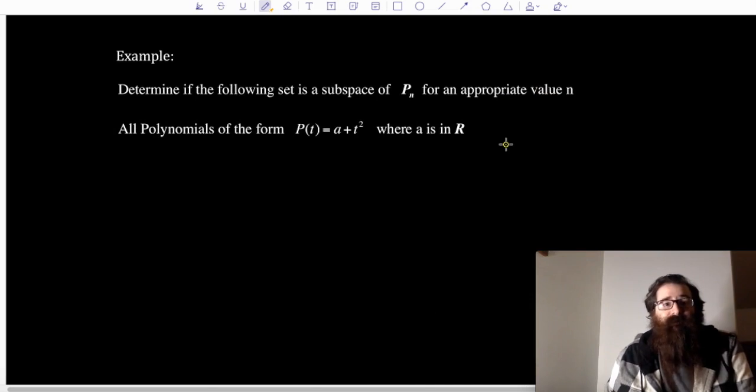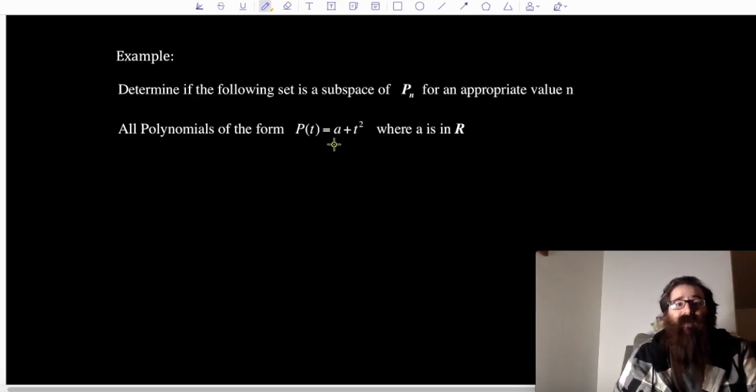So I want to determine if the following set is a subspace of Pn, polynomial space with degree at most n, for an appropriate value of n. I want to talk about all polynomials of the form p of t is equal to a plus t squared, where a is just some real number, a is in R. And so now, since I have a plus t squared, I notice the degree of this is at most 2.